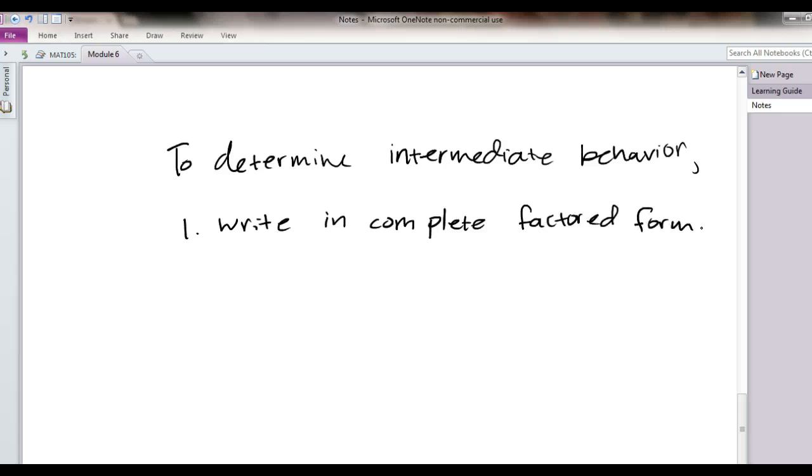We've had lots of practice with factoring, so that should not be an issue. And the second thing we do is we look at the multiplicity of each zero. So this is code for power of the factor.